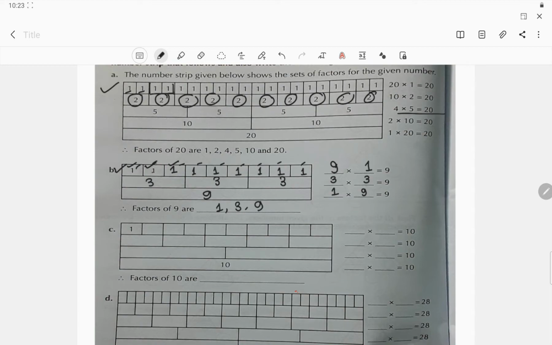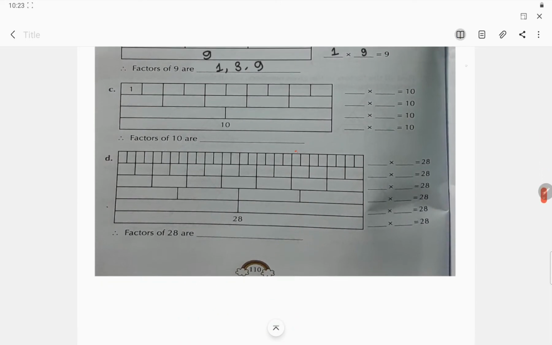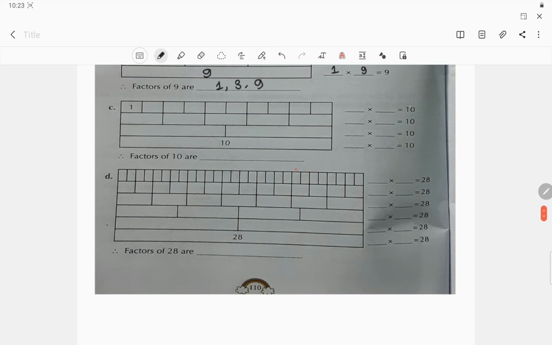Right. Similarly, question number C, very interesting problem. Here you have to get 10. So you know how many ones there will be? Obviously 10 ones. If you count 1 2 3 4 5 6 7 8 9 10.